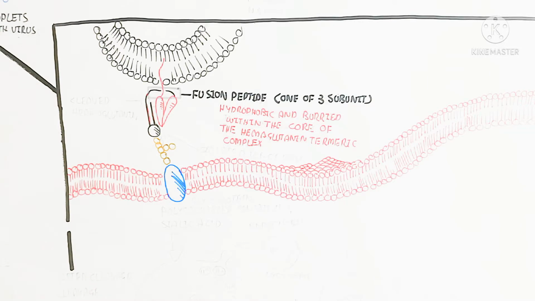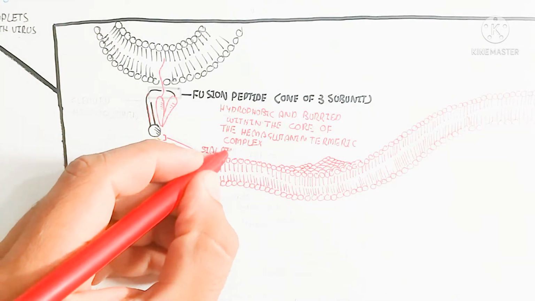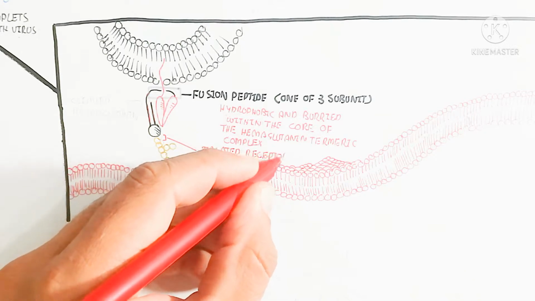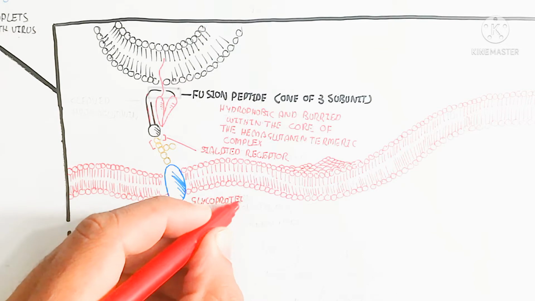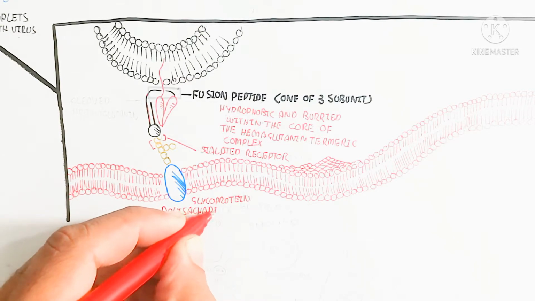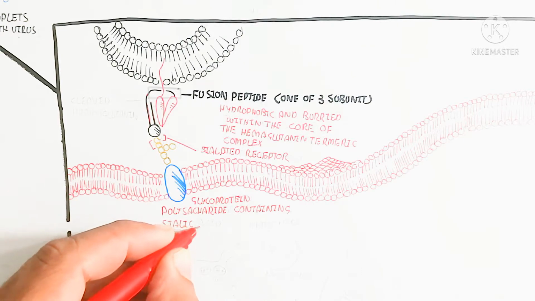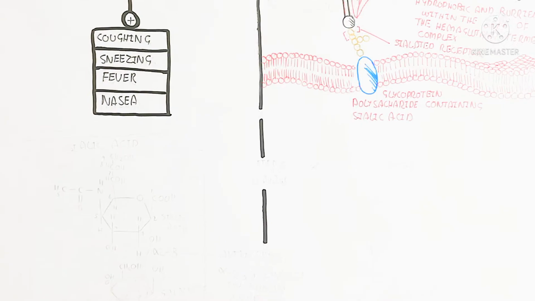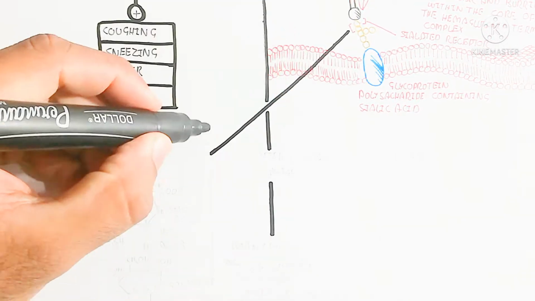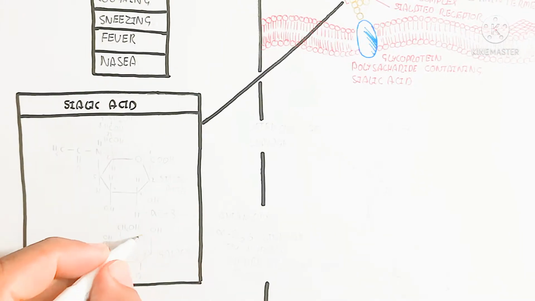Inside the glycoprotein there is a polysaccharide containing sialic acid at the terminal of the polysaccharide. We will discuss the sialic acid first for understanding. Attached with galactose, it is basically a polysaccharide, and this is known as a glycoprotein.